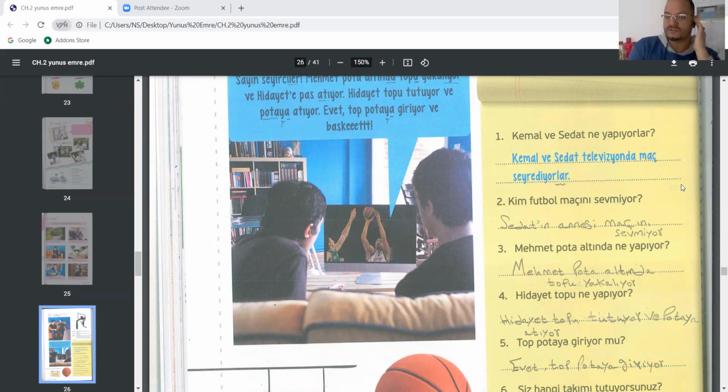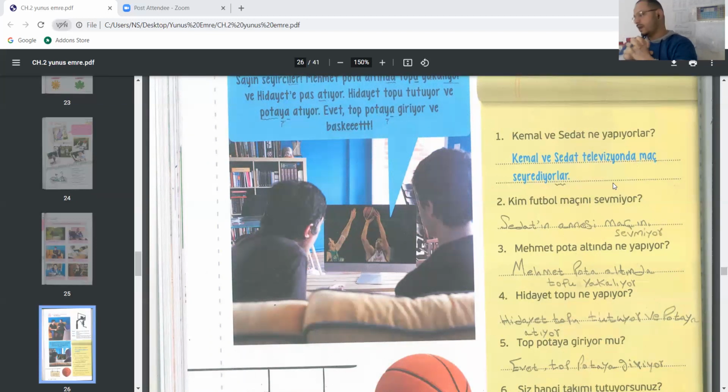Kemal ve Saadet televizyonda maç seyrediyorlar. Seyrediyorlar is something like watching the match with feeling, and taking one of these two teams, selecting one, and starting to hope to see great goals from this team.